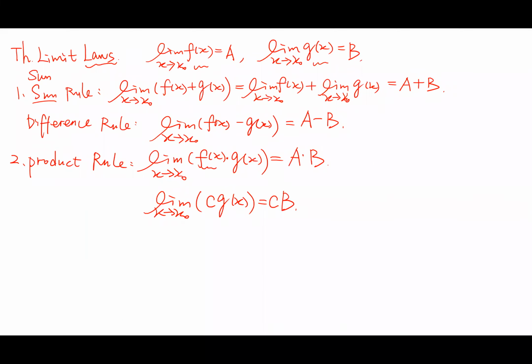So we can see we can take the constant outside the limit sign, that equals c times b. Next we have the difference and product, and then the third one, the quotient.